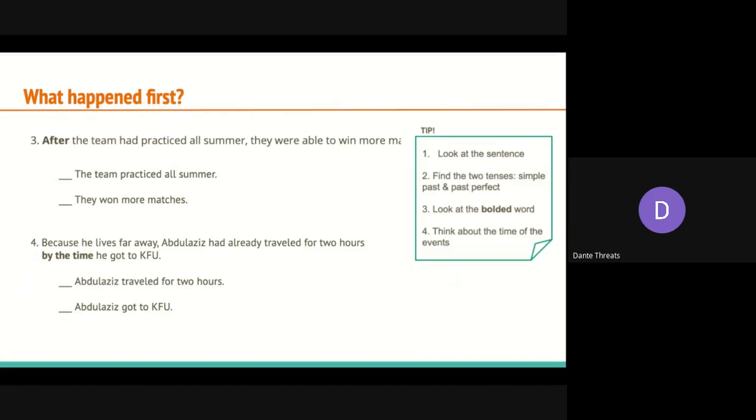All right, looking at sentence number 3. After the team had practiced all summer, they were able to win more matches. Okay, so we looked at the sentence. Okay, what are the two tenses?